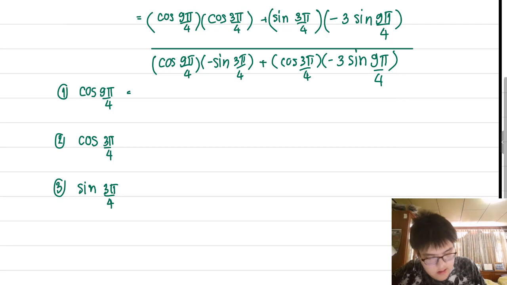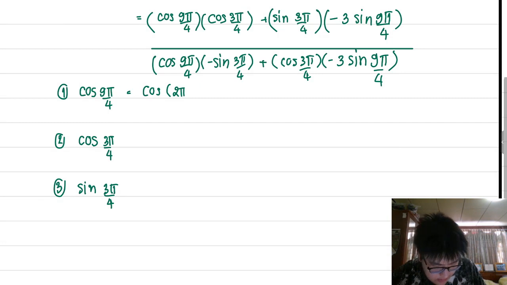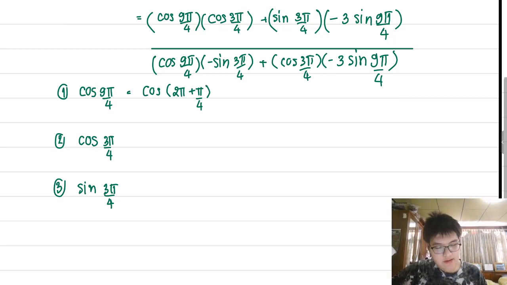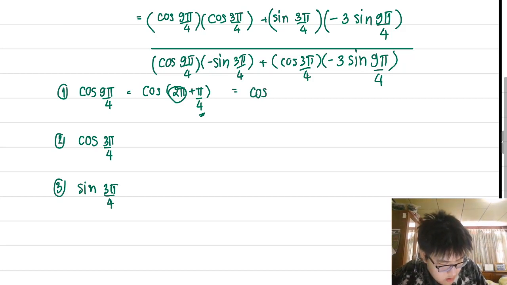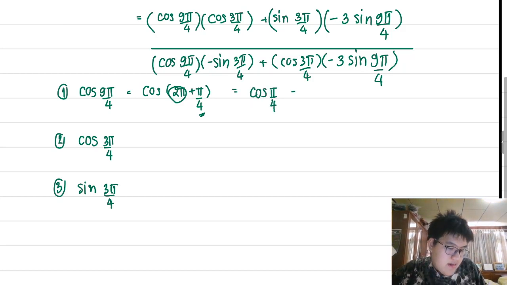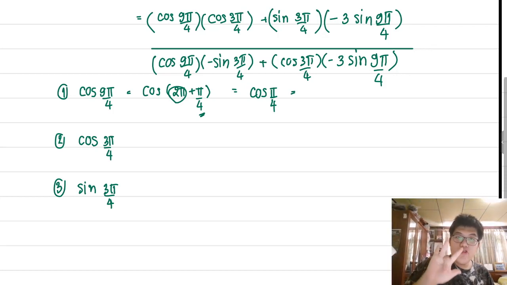We will get the cosine of 2 pi plus pi over 4. I use 2 pi because it is easier, since 2 pi is like the origin, meaning it is 0. Then we get cosine pi over 4, which is square root 2 over 2.